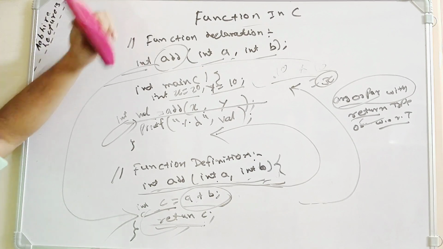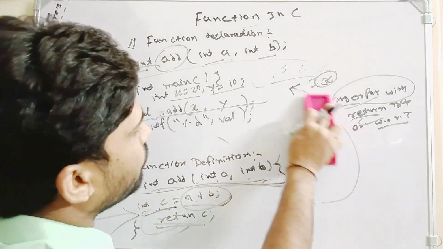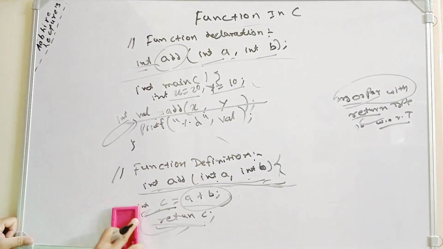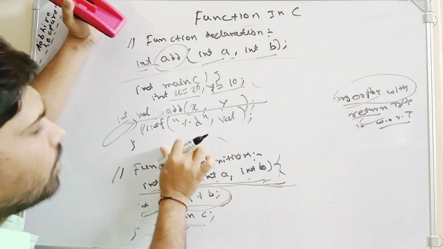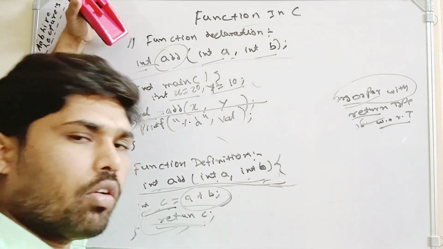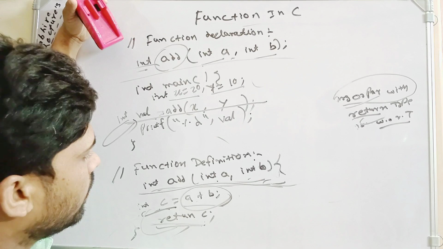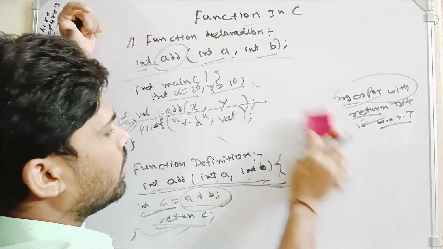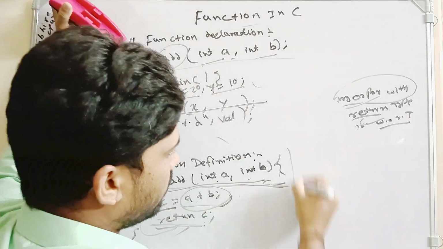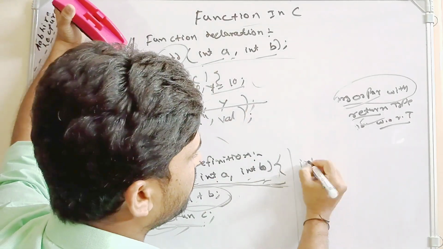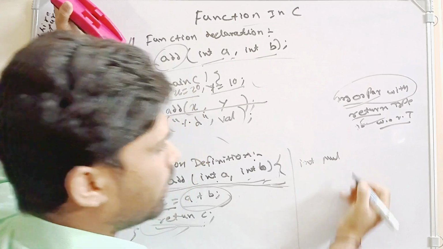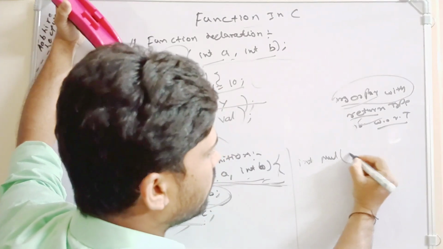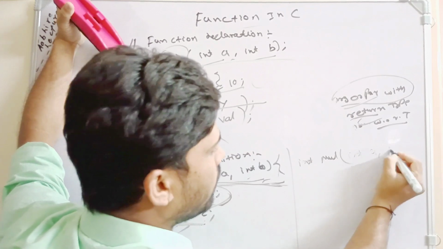One more thing: in one main function you can create a number of functions. Suppose I have created the add function here. You can create another function also, suppose int multiplication, and give any other values: int a, int b.